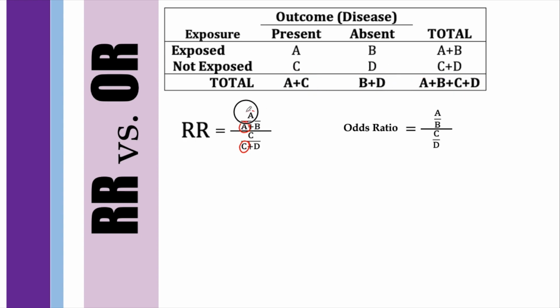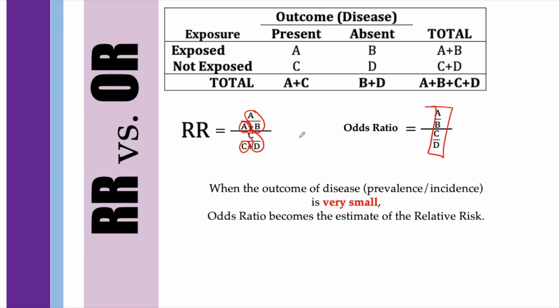That leaves A and B and C and D here, which becomes now the odds ratio. So it goes to show that when the outcome of the disease is very small, that indicates that A and C here become negligible. Then the odds ratio here becomes an estimate of the relative risk.